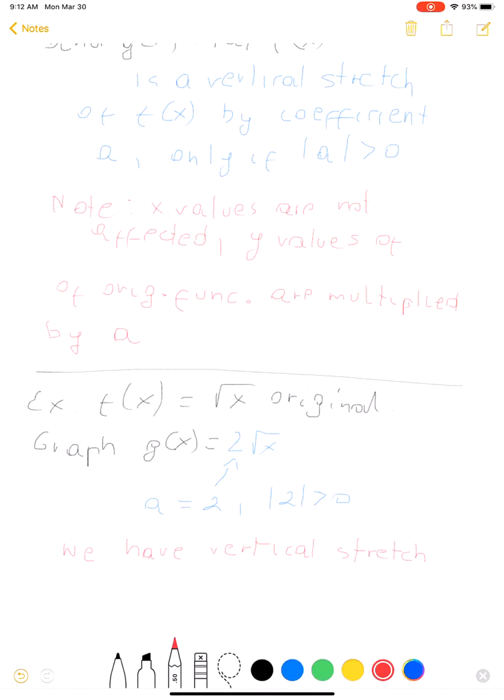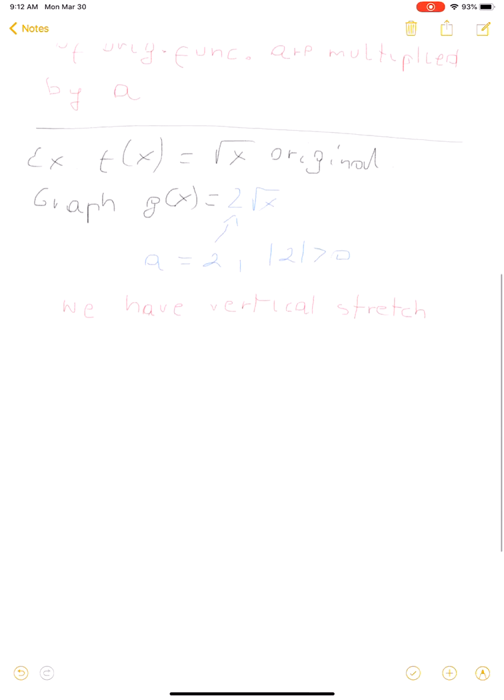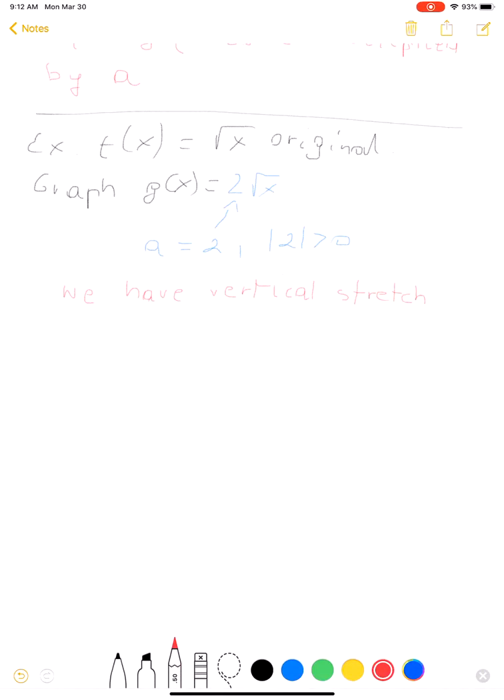Okay, so let's graph it. Let's graph f of x equals square root of x, which we graphed already. Let's quickly go back to the table of values, x, y equals square root of x, with points x comma y.